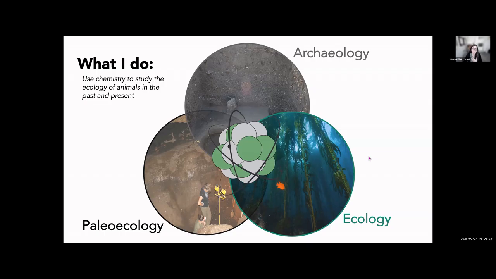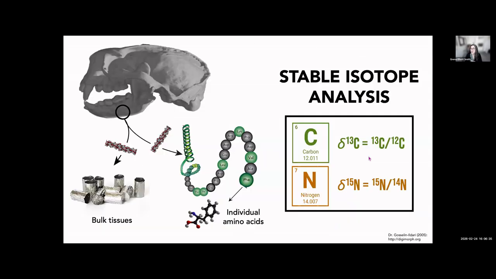And to connect all of this, I use stable isotope analysis, which in a sense gives us a common chemical currency for comparing the past to the present. I employ two types of isotopic analysis in my work that we will be talking a lot more about in detail. So this includes bulk tissue analysis as well as isotopic analysis of individual amino acids.